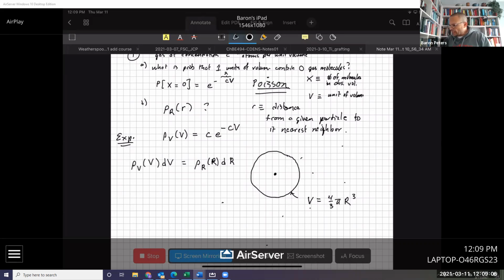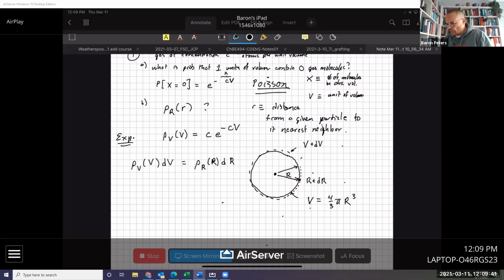So I can think about a sphere slightly bigger; the dashed line has volume V plus dV, and radius R plus dR. The probabilities within the two little concentric spheres should be the same.